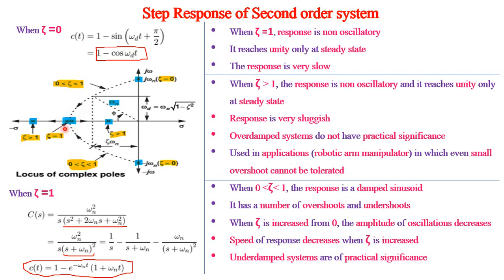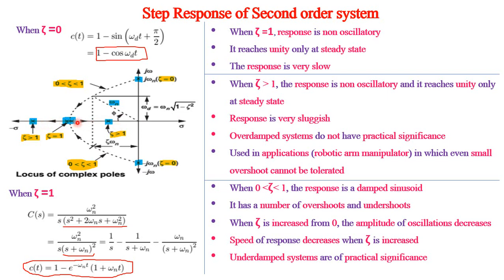That means duplicate poles. When the damping ratio is increased further, one pole, that is minus omega n plus omega n root of zeta square minus 1, is one pole, and another one is with minus. So one pole goes like this, another pole goes like this.